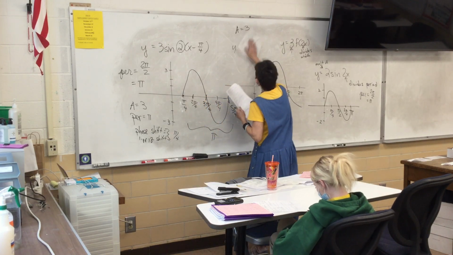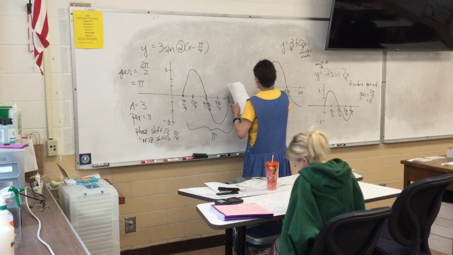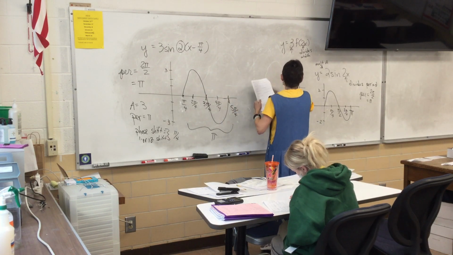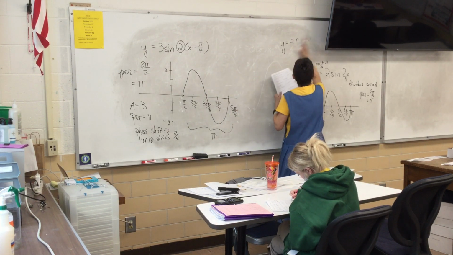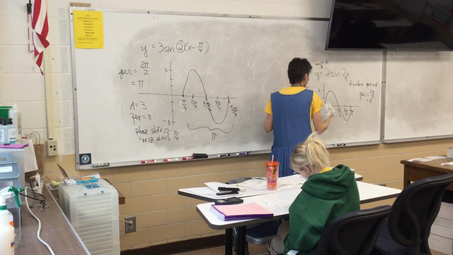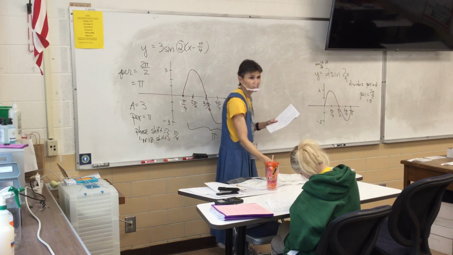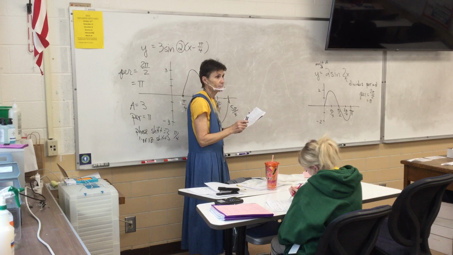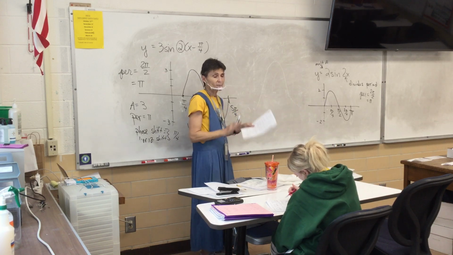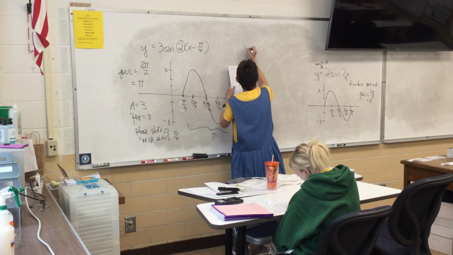All right, let's look at the next one. Now, the next one is a cosine. Absolutely nothing that we have just talked about will be different except the shape. Everything we did will be the same except our shape.